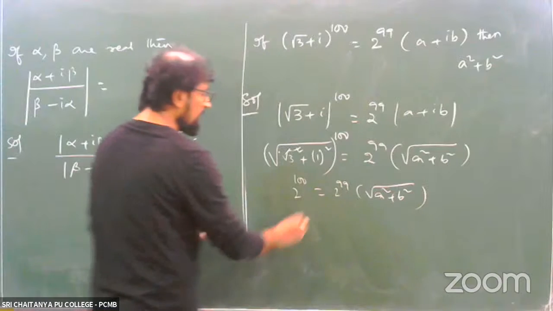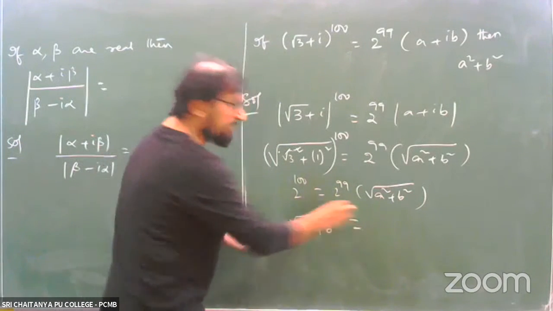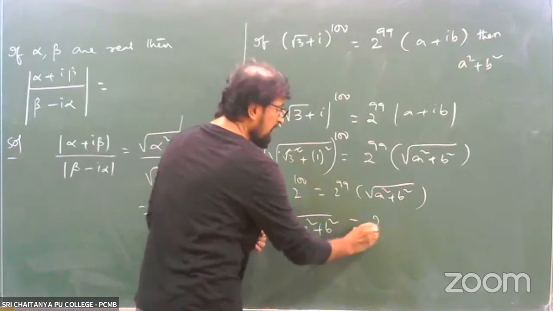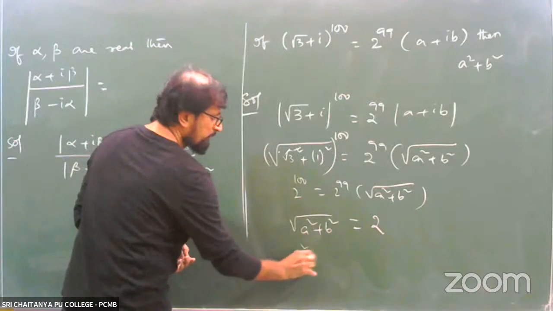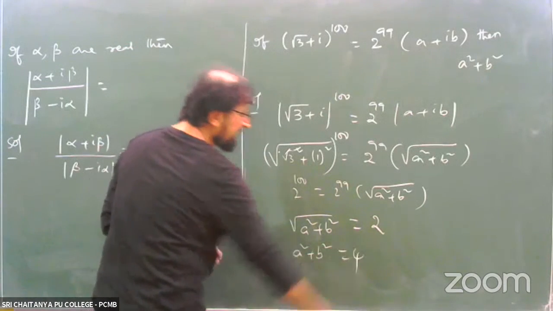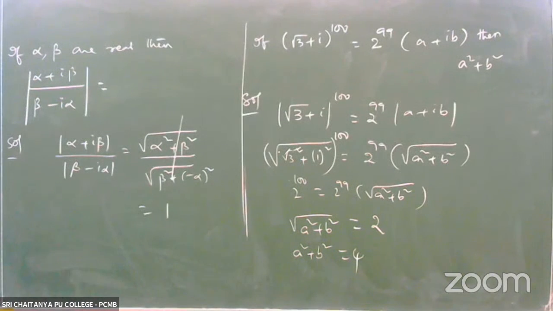Now root of a square plus b square is equal to 2. He asked you to find the value of a square plus b square. Then squaring on both sides, you are going to get the value 4. I am repeating the first step: take the modulus on both sides, we get 2 power 100 is equal to 2 power 99 into root over a square plus b square, but the question asks for a square plus b square.